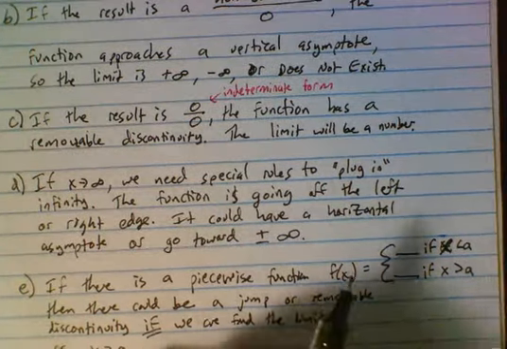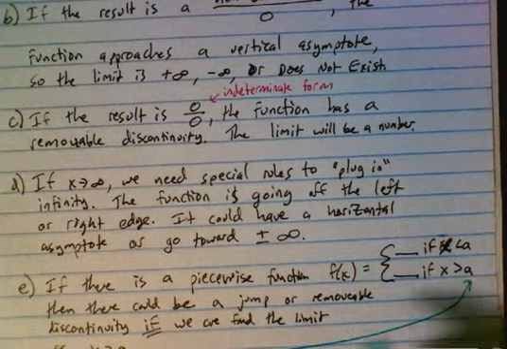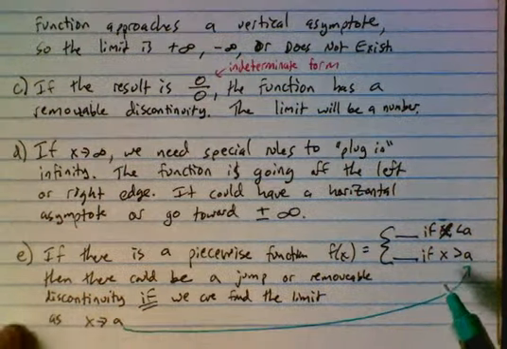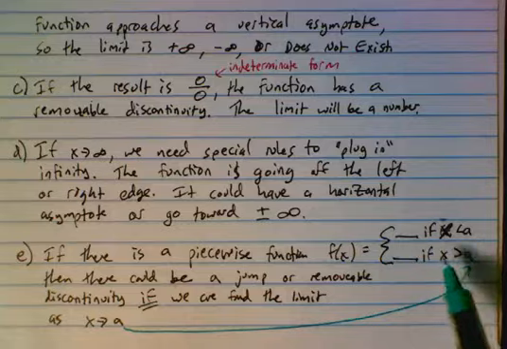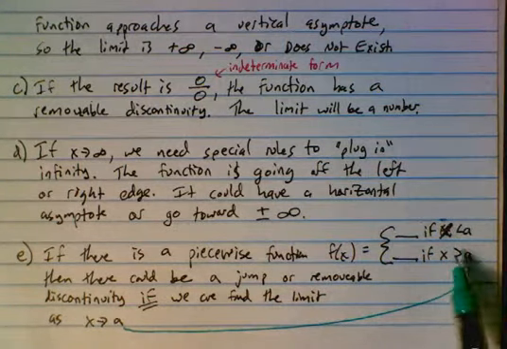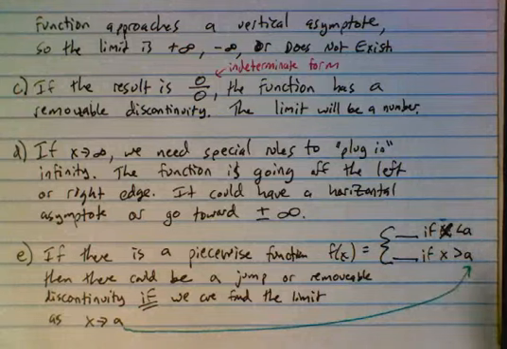So if this number that we're finding the limit at is not the same as the one where we switch from one equation to the other equation, then we could still have some of these other situations going on, but we're only going to have that jump discontinuity at this switch.